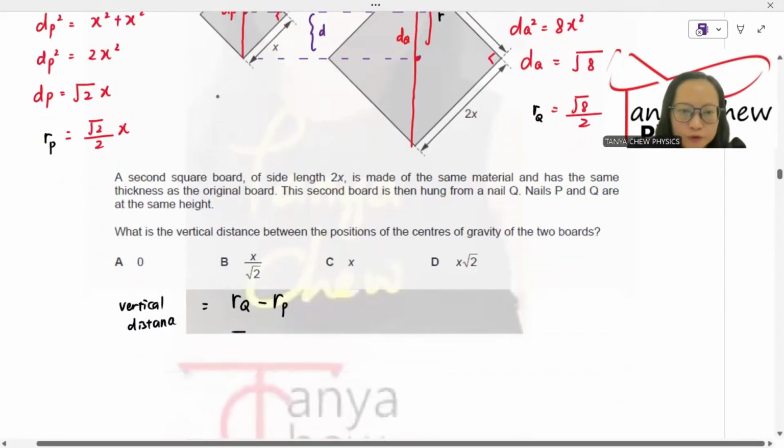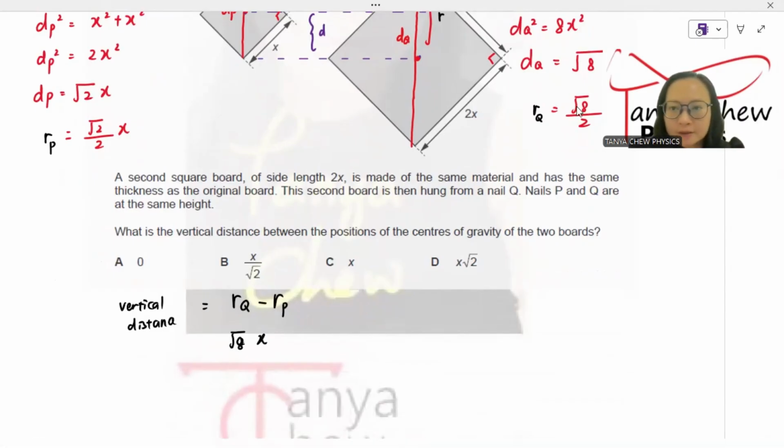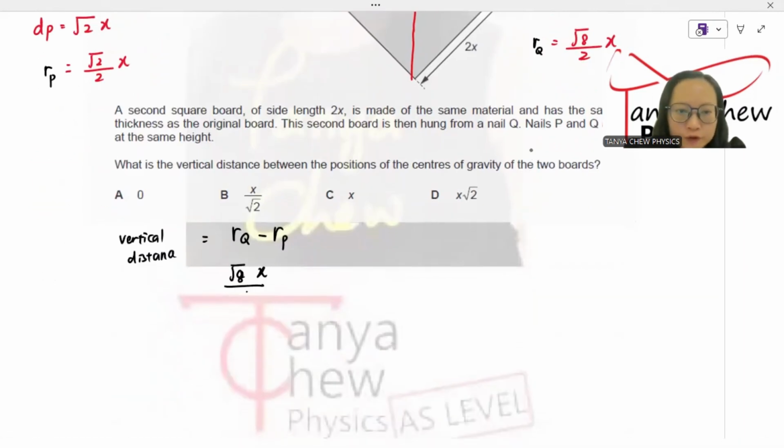rq is equal to square root of 8 times x over 2, minus square root of 2 over 2 times x. So I simplify a little bit. Square root of 8 is equal to square root of 4 times 2. Over 2, minus square root of 2 over 2 times x.